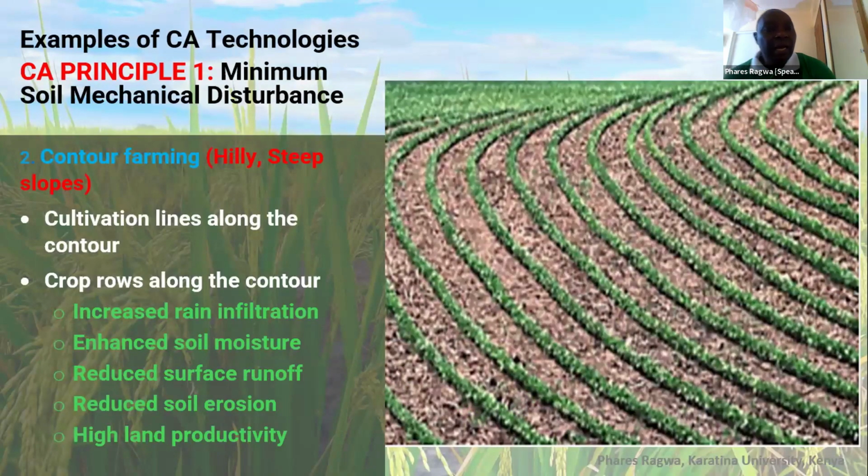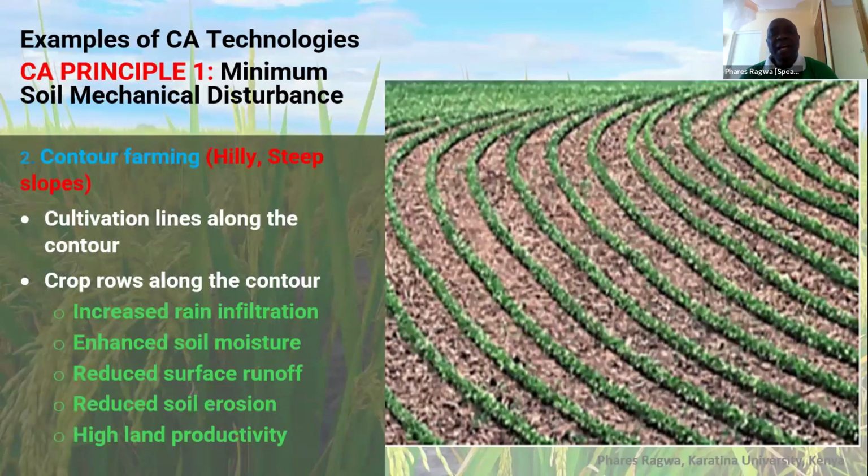Then still under minimum tillage, we have what we call contour farming. And by contour farming, we mean that whatever operations we do on the land, we do this along the contour. We avoid the up and down kind of cultivation. If we are planting, the rows of the crops follow the contour.